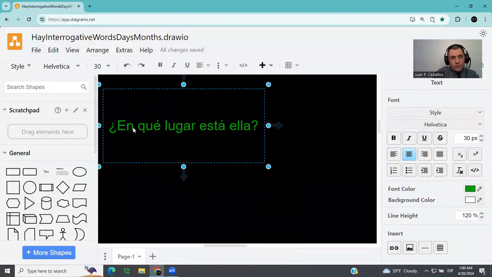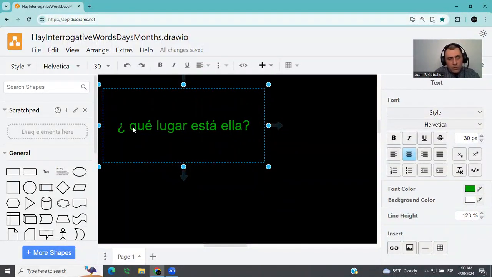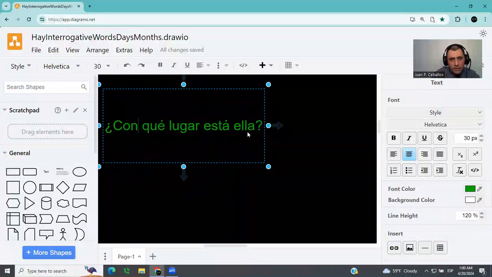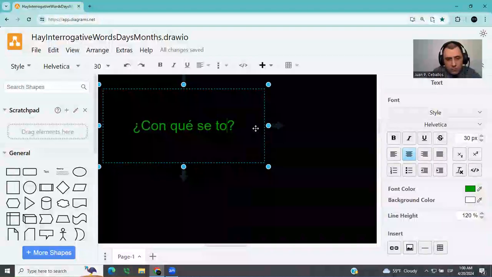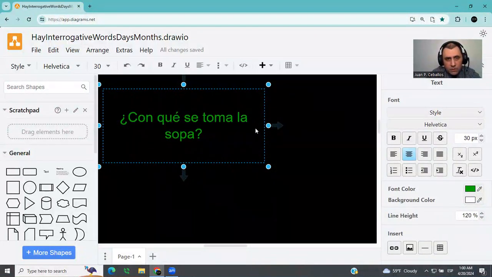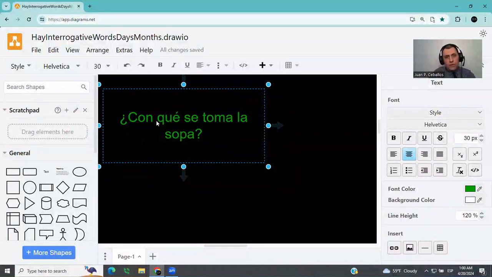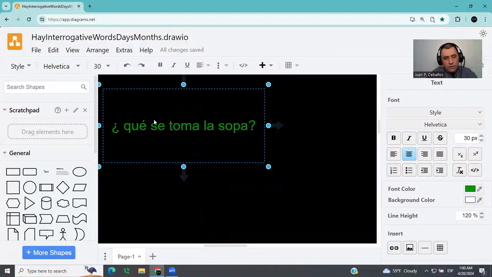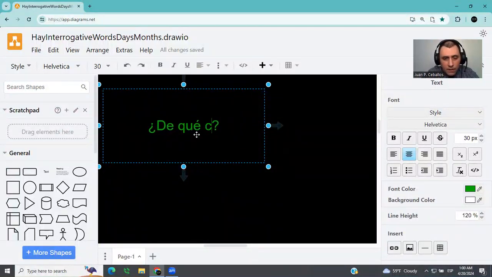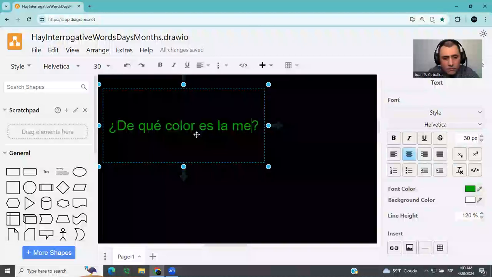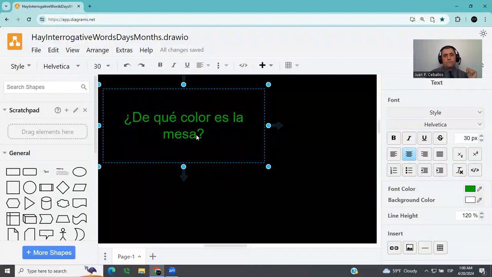The next one is con qué se toma la sopa. With what do you drink the soup? And this one will be de qué color es la mesa. De qué color es la mesa. Okay.